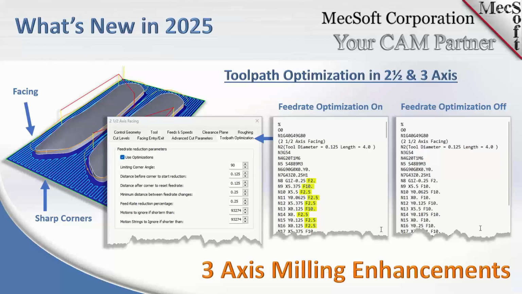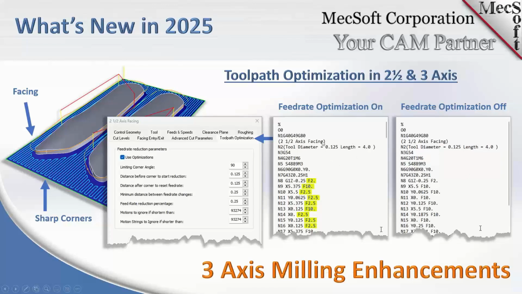Okay, thanks, Joe. What I was getting at is the feed rate reduction percentage. You see this is set at 0.25. So if you look at the G code here on the right, we see with no feed rate optimization, the cut feed rate was set to 10 in the feeds and speeds tab, excuse me.